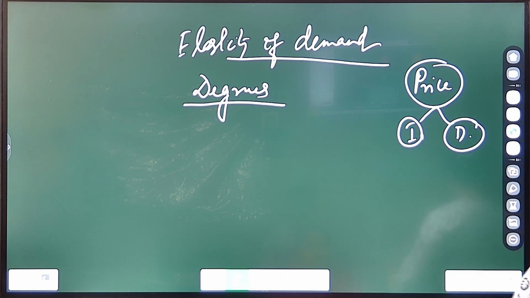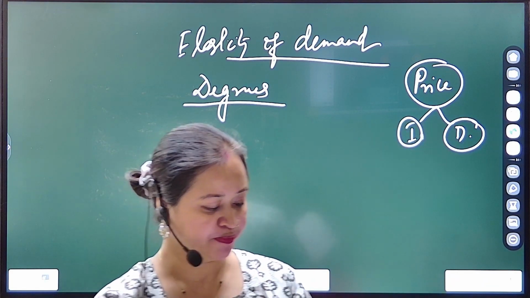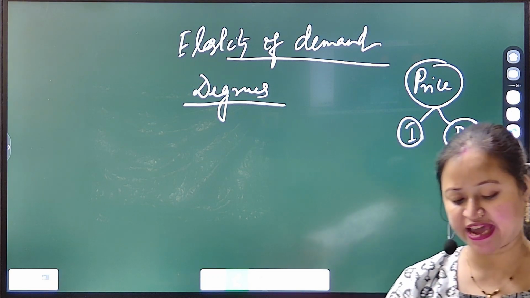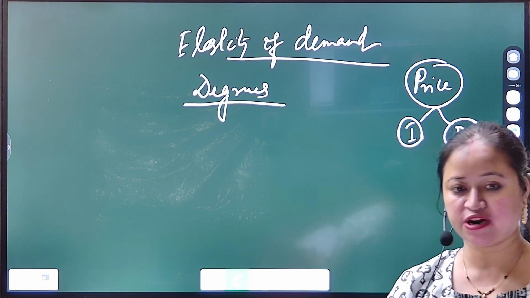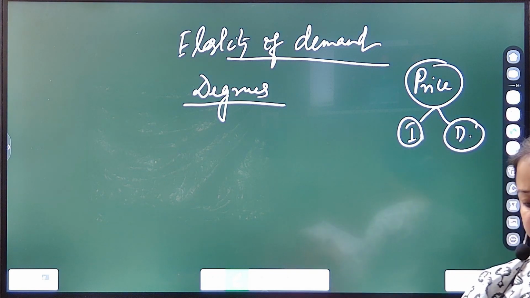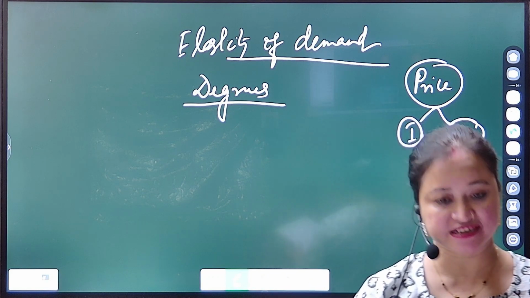So the first one you can see here, various degrees, like you can see in the study material, page number 27: perfectly elastic demand, where EP is equal to infinite. Perfectly inelastic demand, where EP is equal to 0, and relatively elastic demand, where EP is greater than 1.